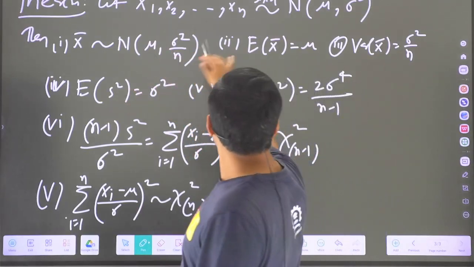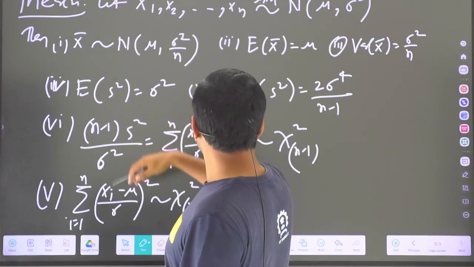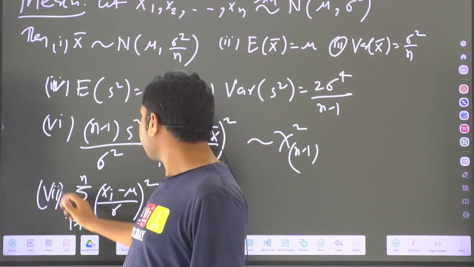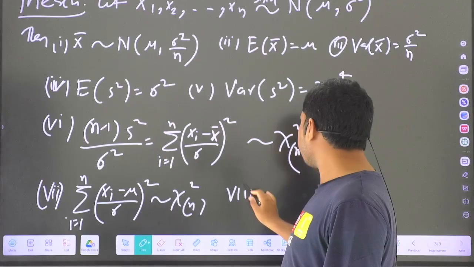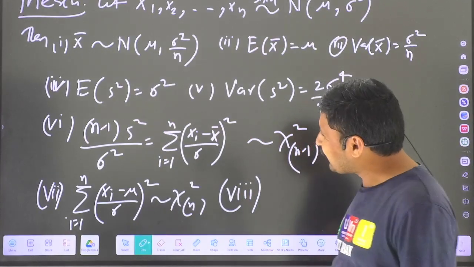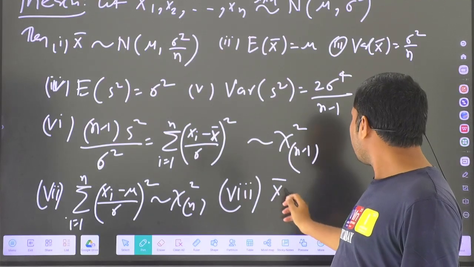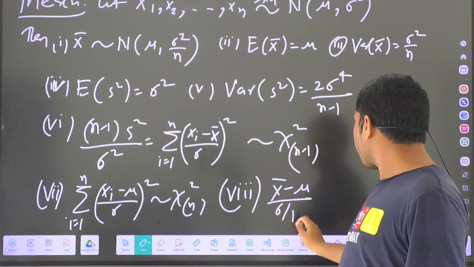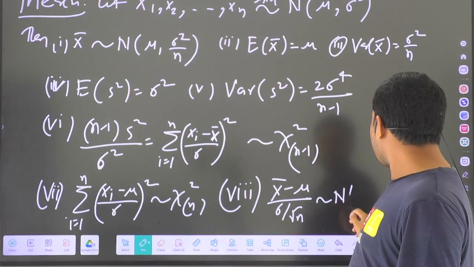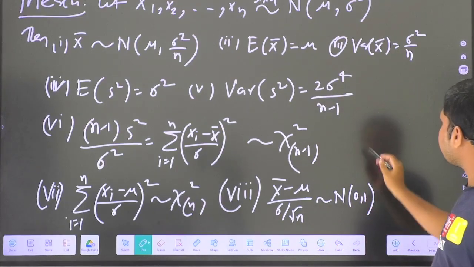So I think 1 2 3 4 5 6 7 8. x bar minus mu upon sigma by root n, this will be normal 0 1.